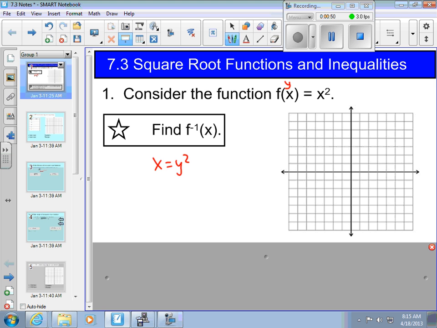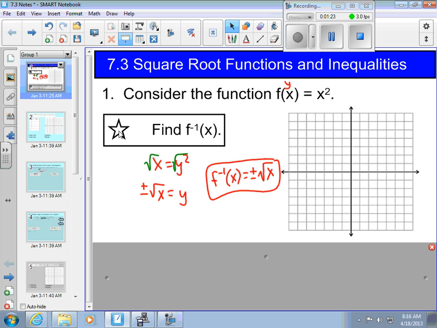So if we square root both sides, which we're going to do, we're going to end up with y equals, and when we take square root, in this case, it's always going to be plus or minus the square root of x. And so our inverse function, if we read it with the inverse notation, would be plus or minus square root of x. So that would be the inverse.